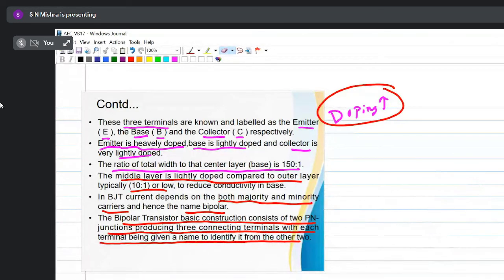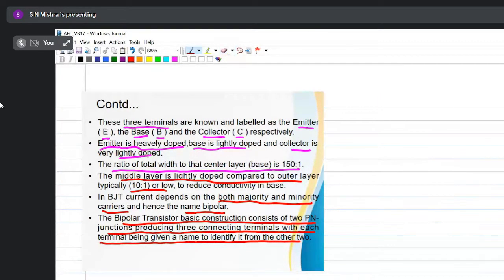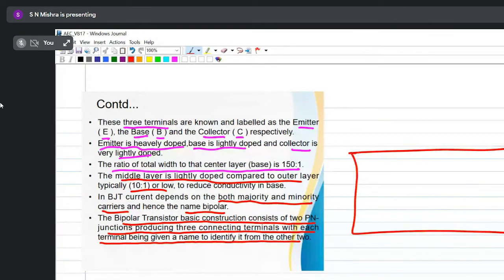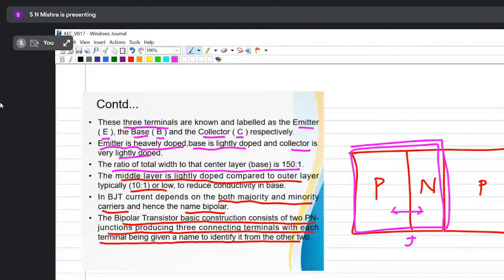If I take it like this, this is P, this is N, this is P. If I consider this junction, this is one PN junction. Another PN junction is this one. So actually it is two junctions connected back to back.